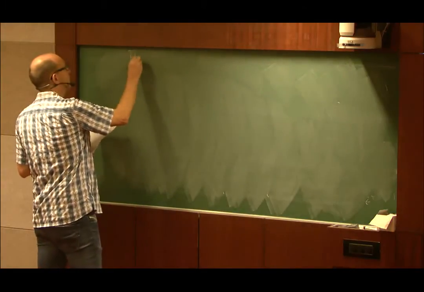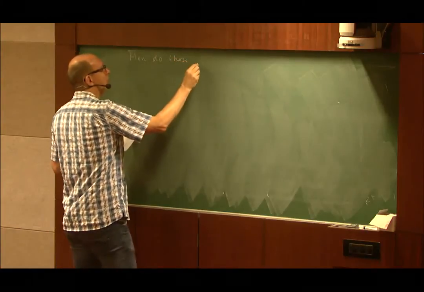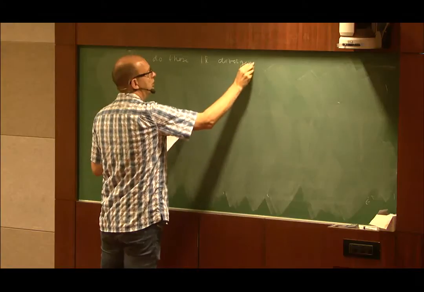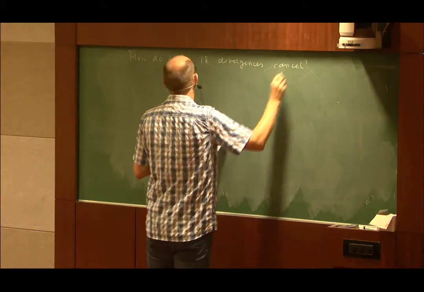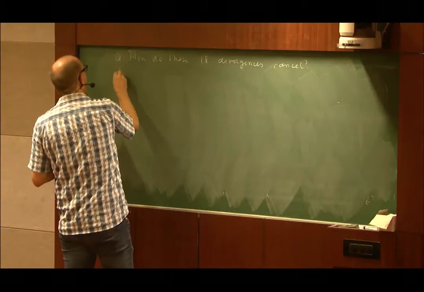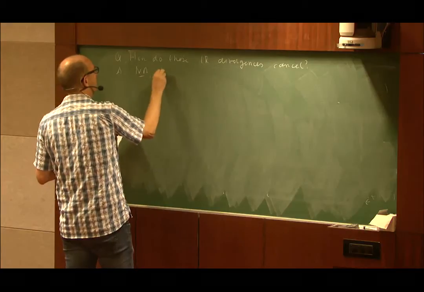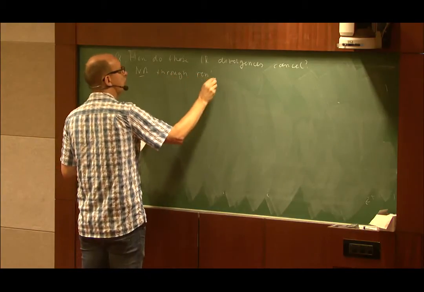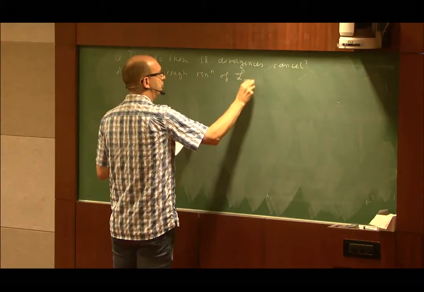So how do these IR divergences, and IR again I mean both soft and collinear, cancel? That's the question. Well, one answer is not through some kind of renormalization, not through some new renormalization of the Lagrangian in QCD.